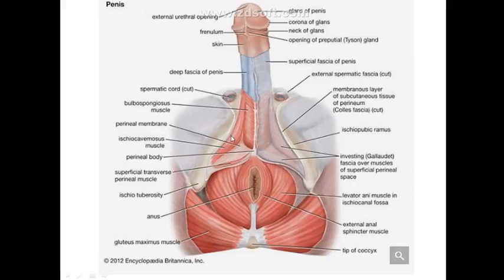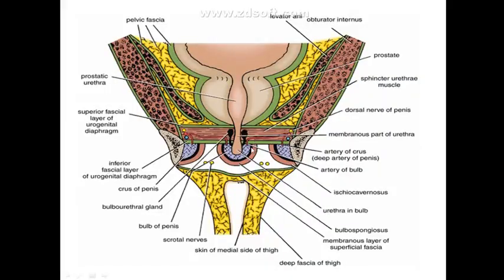So the crura are erectile tissue that are attached to the ischiopubic rami on the right and left side, while the bulb, which is the third part of the root, the fixed part of the penis, is attached to the perineal membrane. And this figure also shows that the bulb is attached to the perineal membrane, and the three are in the superficial perineal space.